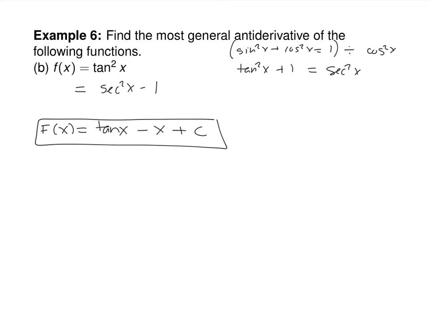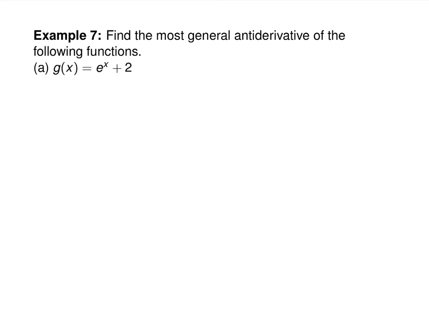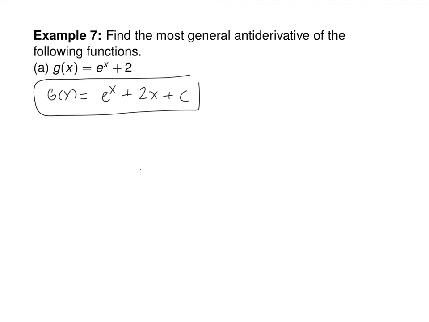How about number 7a? What's the antiderivative of e to the x? E to the x. How about 2? And don't forget, 2x, that's it. E to the x plus 2x plus c. So anytime we see a constant, we just know it's constant times x. Yep, exactly.